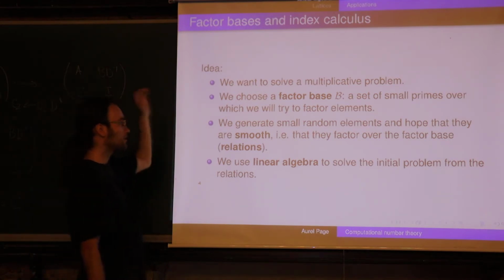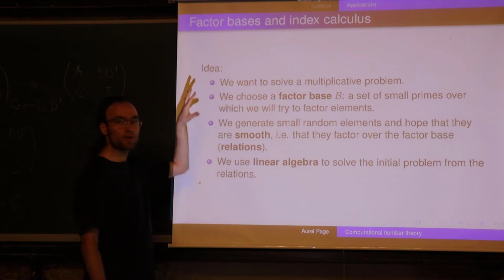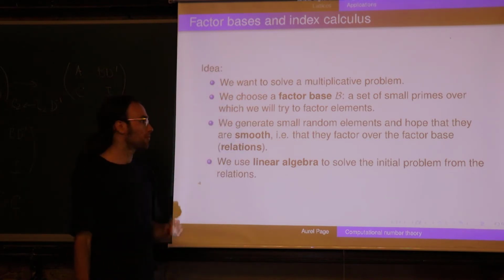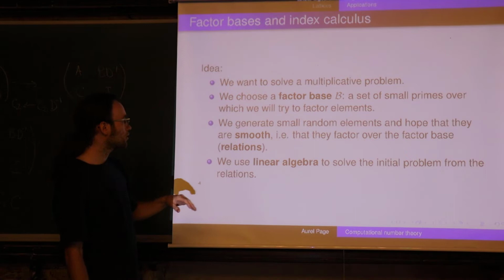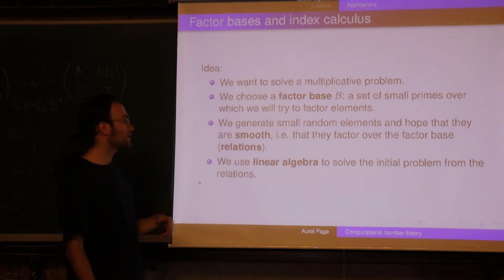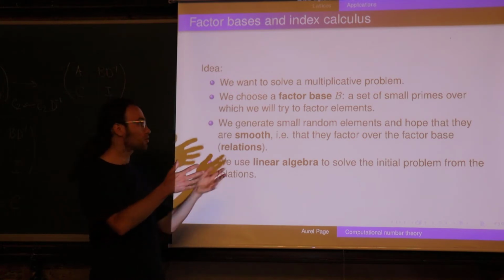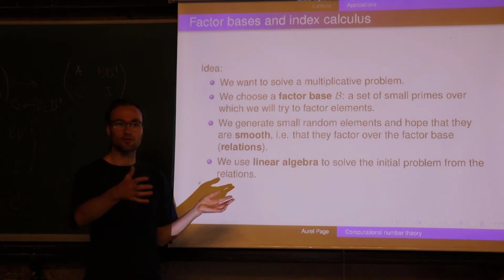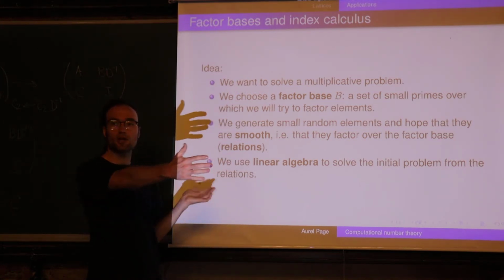Okay, so the idea is, broadly speaking, we have some kind of multiplicative problem, and we choose what we call a factor base. It's going to be a set of small primes over which we are going to try and factor elements. So typically, it will be the set of all primes up to a certain bound.